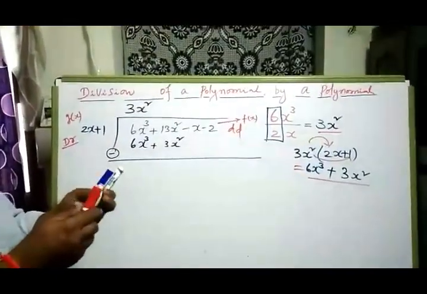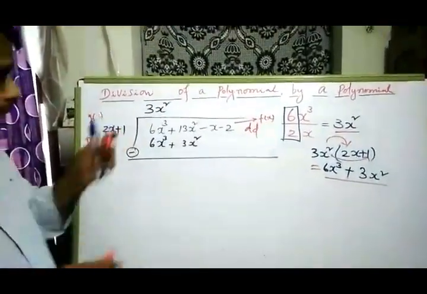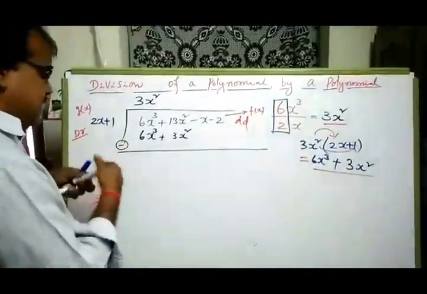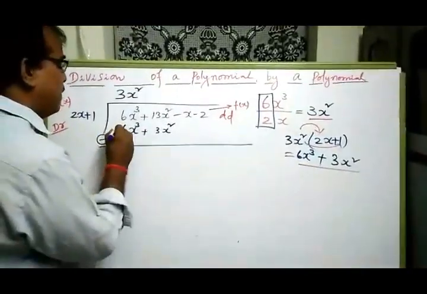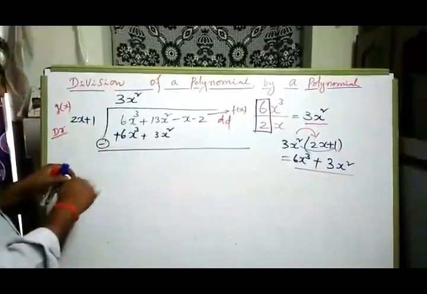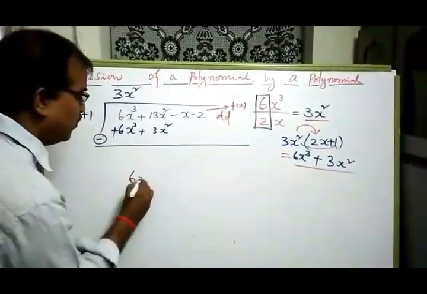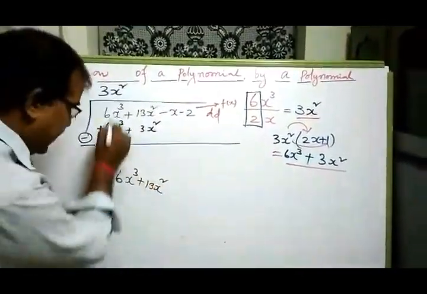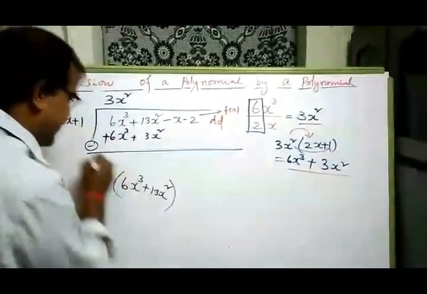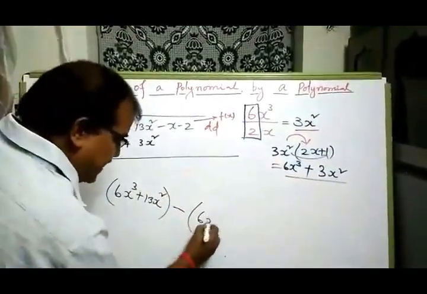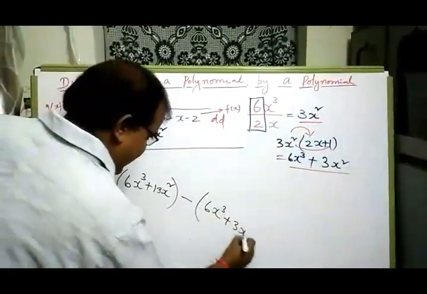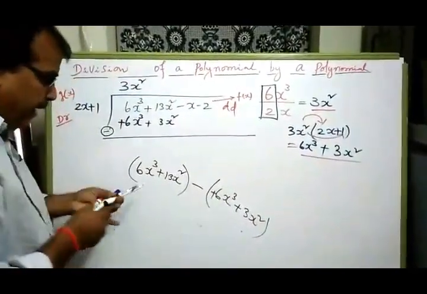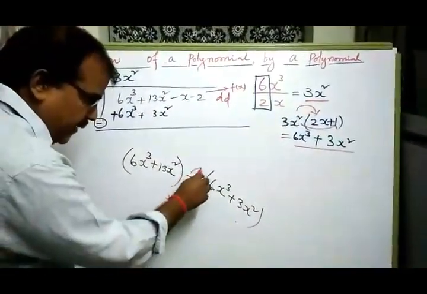Already you are very good at horizontal subtraction, but in this case vertical subtraction is convenient. Actually the sign for 6x cube is plus, but because of this minus, this plus will be minus.